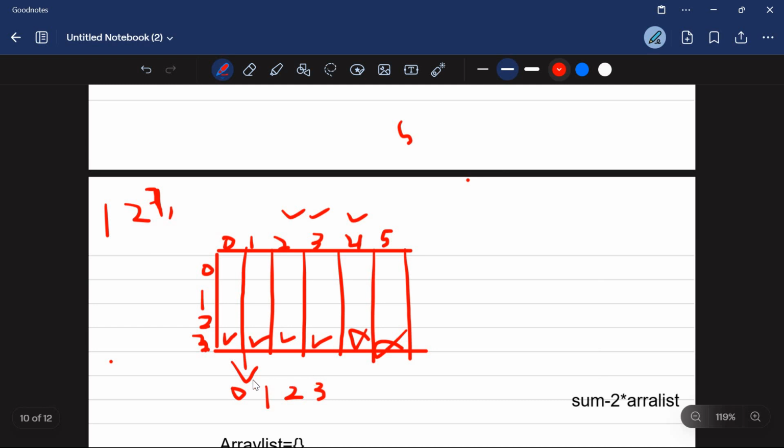Only these 4 elements can be S1. I hope you understand this concept. S1 is the minimum.